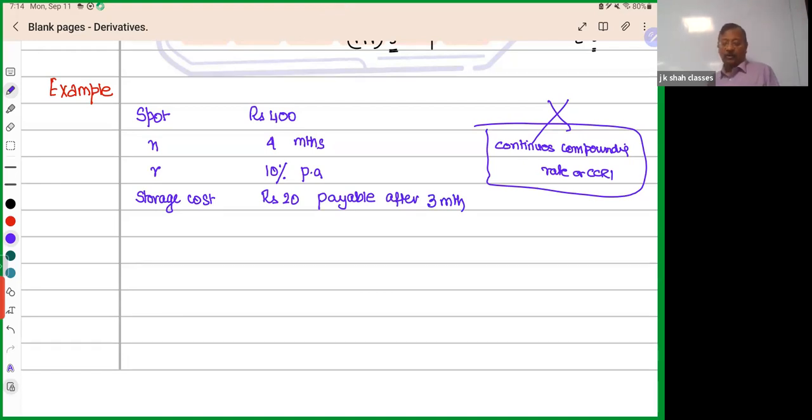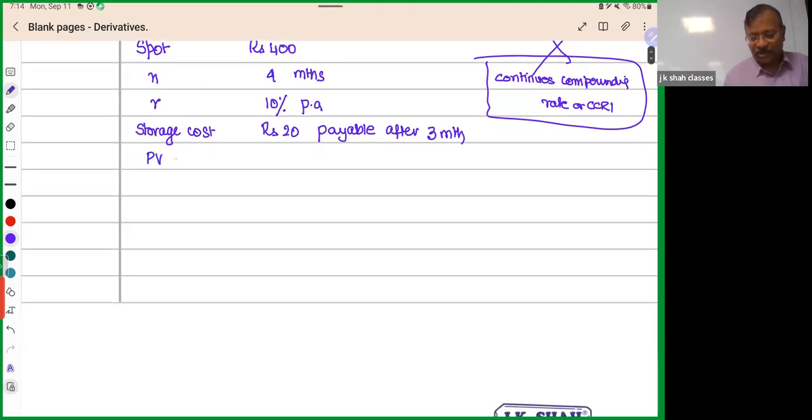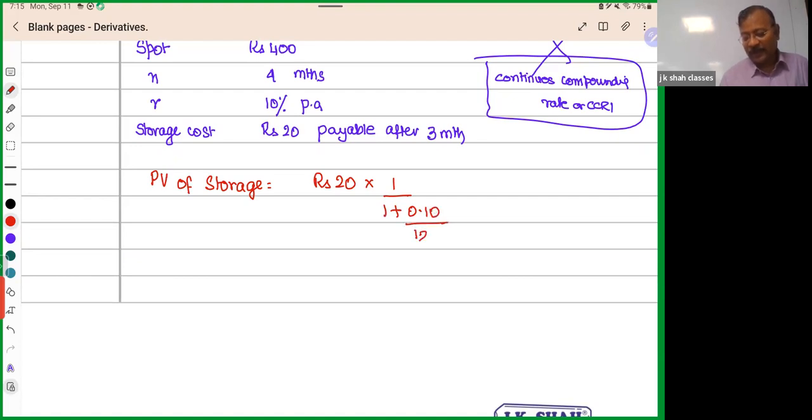Right. So now what will be the future cost? See, storage cost is paid after 3 months. So that means we need to bring it to the present value. So first of all, present value of storage. PV of storage would be rupees 20 into 1 upon 1 plus 0.1 divided by 12 into 3.